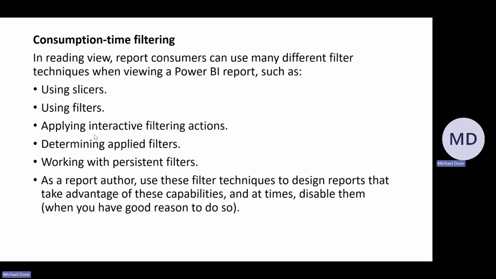Then users can use slicers to filter data in visuals on the report canvas, narrowing down the data to their specific requirements. Then using filters, that is, users can apply filters directly to visuals by clicking on data points or using the filter pane. So filters can be applied to individual visuals or to entire reports, depending on the user's needs, right?